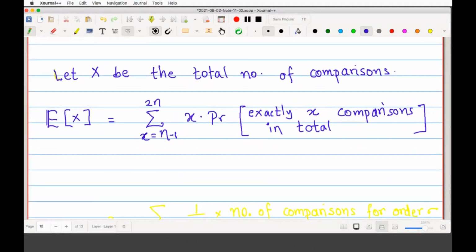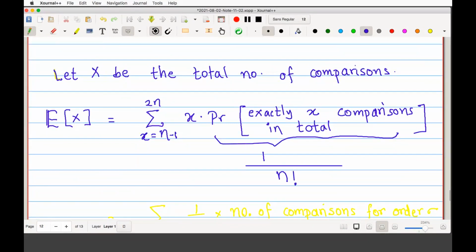So what is this probability here? You know that each input order, each permutation, is equally likely, right? So each input order has probability 1 by n factorial.